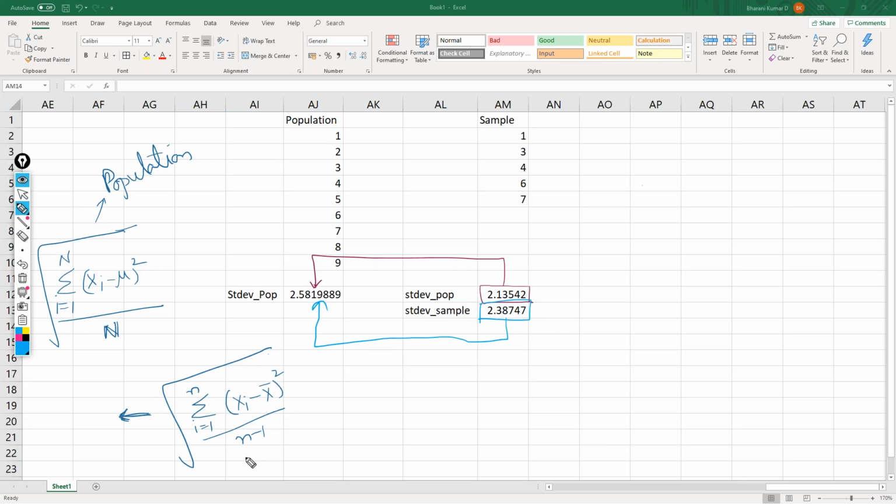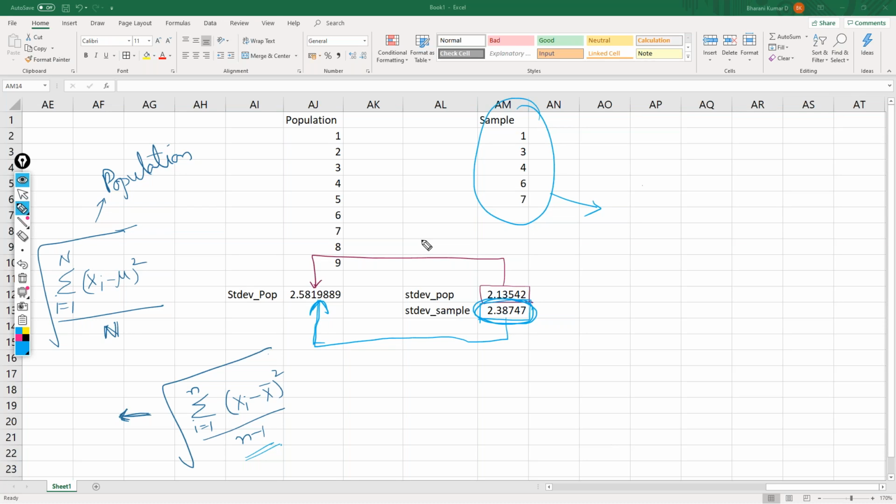This is the reason why there is n-1, because when statisticians used n-1 in the denominator, they found that the sample values were closer to the true population, because you don't work on a population, you work on a sample. But when you work on a sample, whatever analysis or insights that you draw from your sample should be more or less similar to population. It cannot so happen that population gives you an entirely different number in comparison to sample.